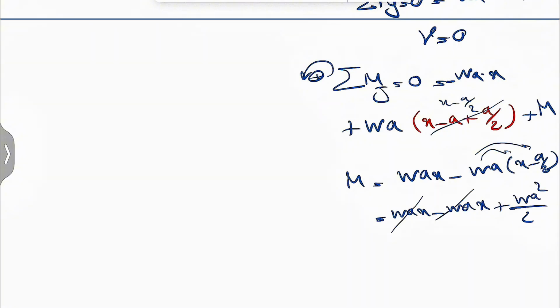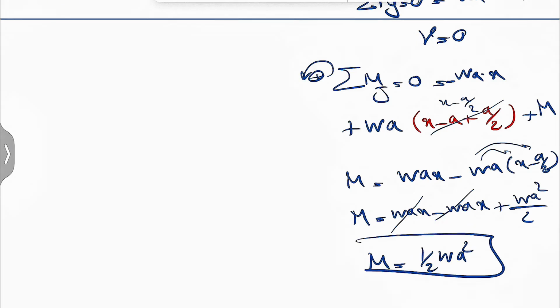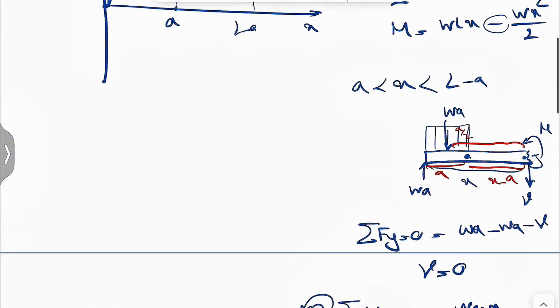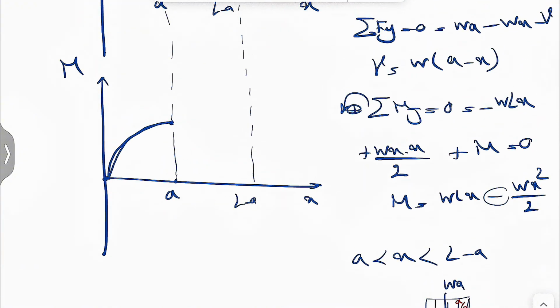These two will be cancelled out, and our moment would be basically 1/2 of WA squared. So we have the constant value for the moment, which is 1/2 of WA squared. So moving from this distance, we're going to have the same value of 1/2 of WA squared.